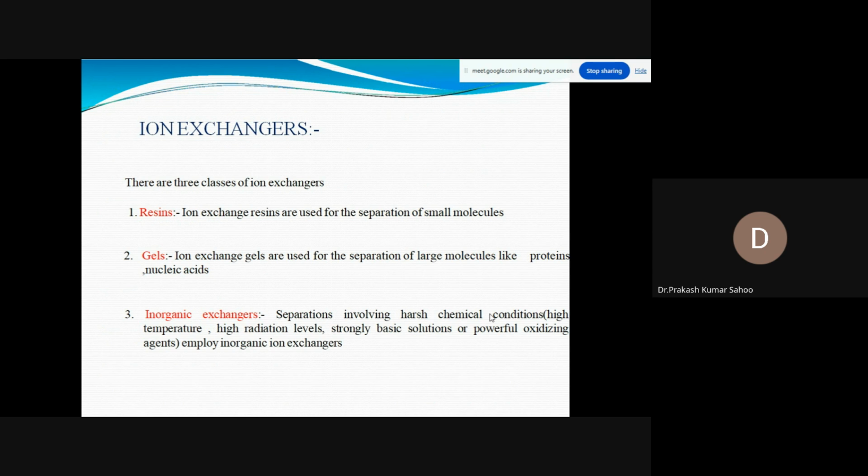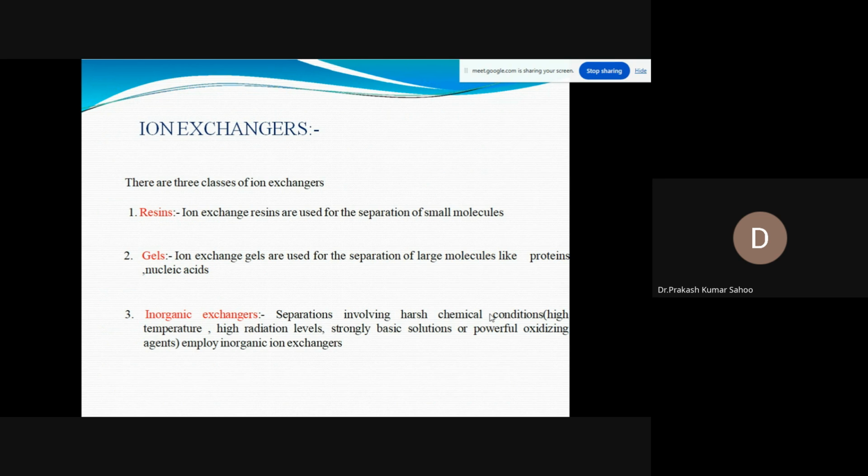Ion exchange gels can be used for the separation of large molecules like protein and nucleic acid, or inorganic exchangers. Separation involving harsh chemical conditions, very high temperature, high radiation level, strong basic solution or powerful oxidizing agent employs inorganic ion exchangers.